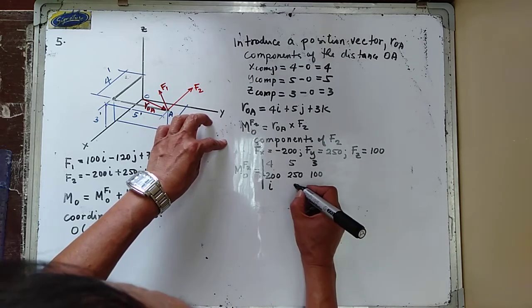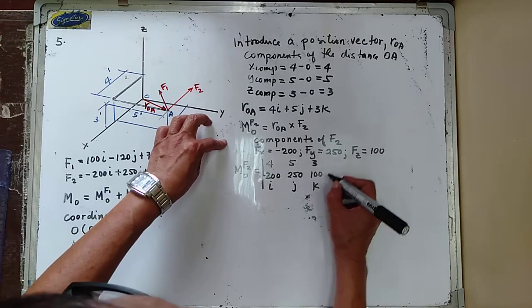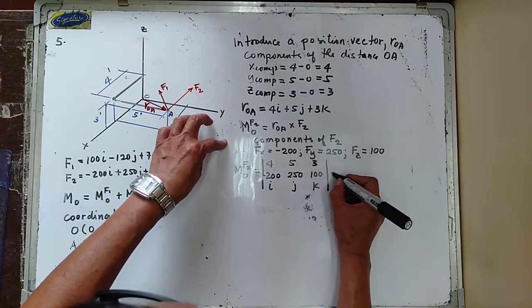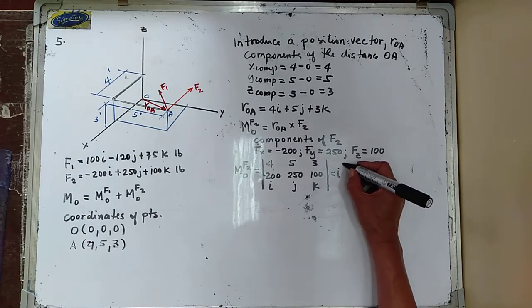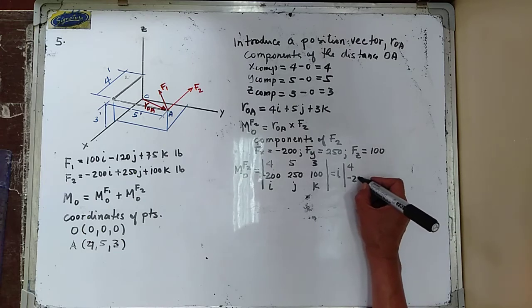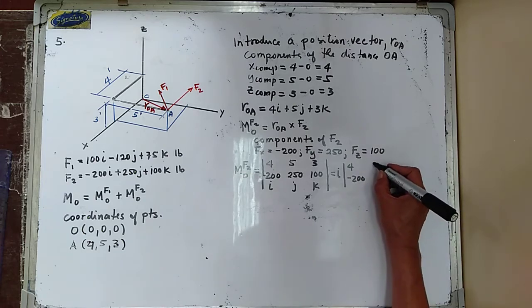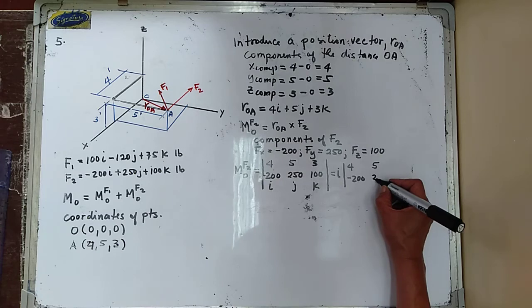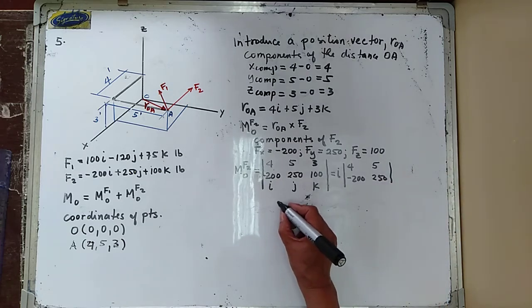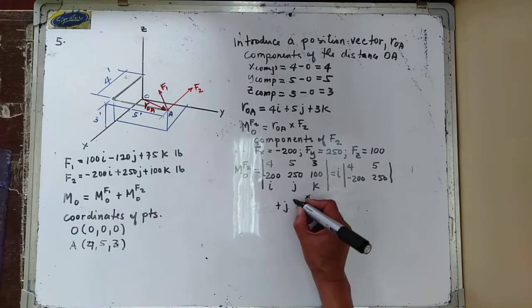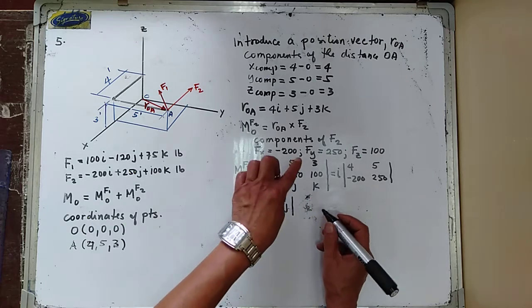This is your i, we have your j, and that is now your k. So this is equal to, again, i. So we have 4 minus 200, that is 5, that is 250, plus j. So we have 3.